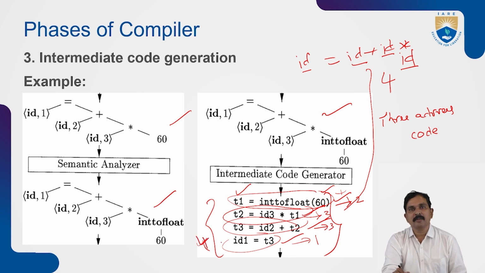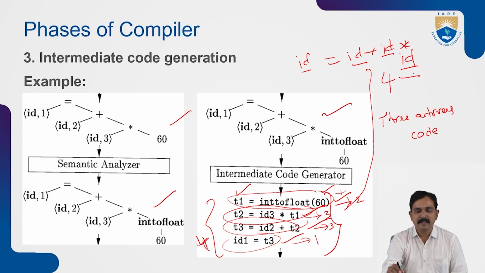When you apply the intermediate code generator, a single statement can be converted into four simpler statements. Of course, each statement is simple, and translating each statement into machine code is also a very easy process. But the number of simplest statements is 4, which is very large, whereas the original has only 1 statement.